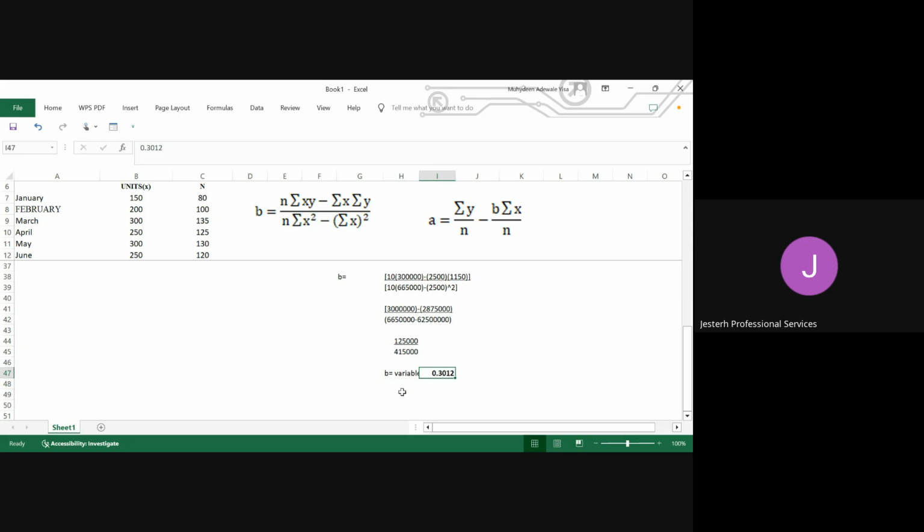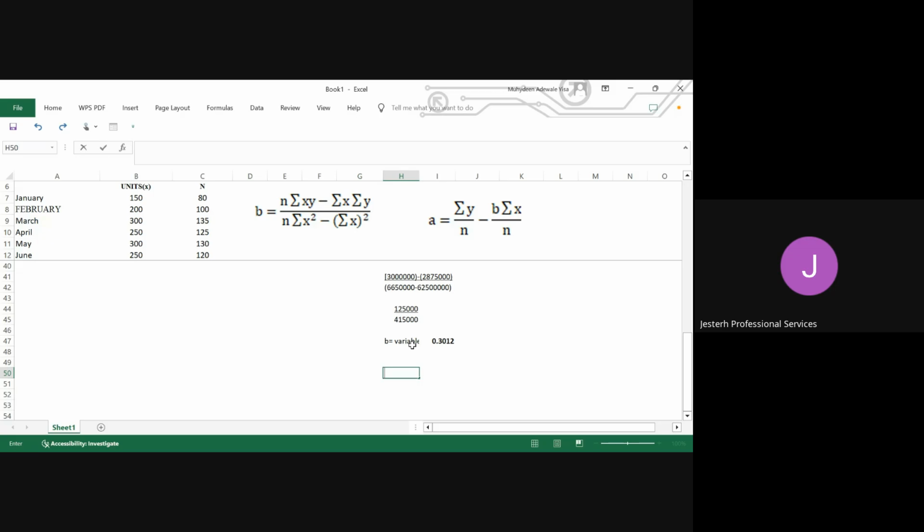0.3012. Now we have determined our B. Now it's remaining our A. Now let's calculate our A. If you see from the formula, A is the summation of y all over n minus b multiplied by the summation of x all over n.